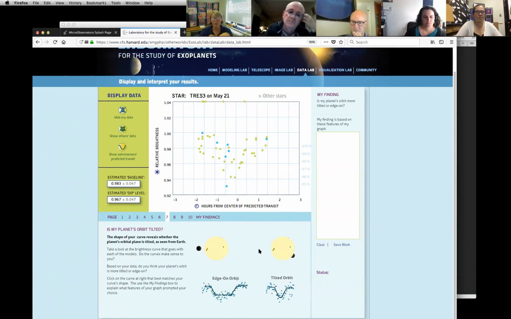If you do that, there'll be a period of time where you have a flat bottom to your transit. But if you have a grazing orbit, like this one on the right, your light curve will be more triangular, right? Because there's not very much time compared to the time it's egressing and ingressing, where it's fully in front of the star. So as you look at TRES 3, would you say its orbit is more likely to be edge on or more likely to be tilted?